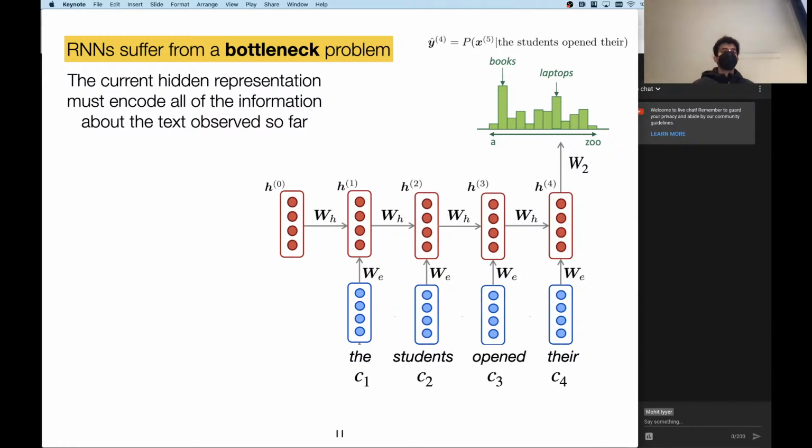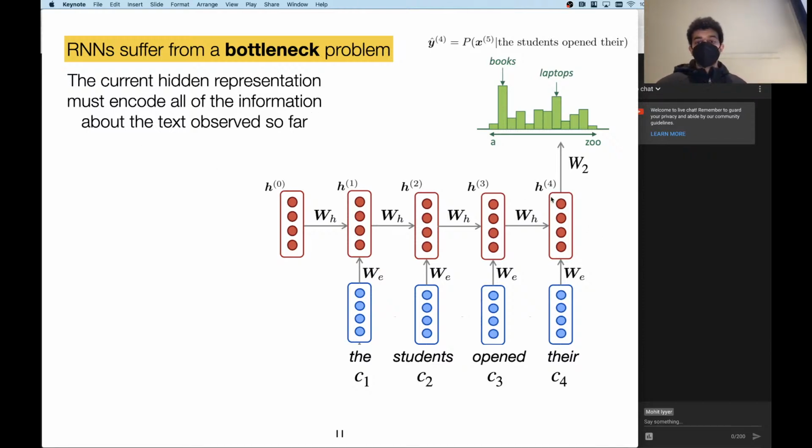So one of the biggest issues with recurrent neural networks is that they suffer from a bottleneck problem, which becomes more apparent as the sequences get longer and longer. The bottleneck refers to the fact that the current hidden state, h sub t, at time step t, has to encode all of the information about the entire prefix that it's seen up till that point. Right?